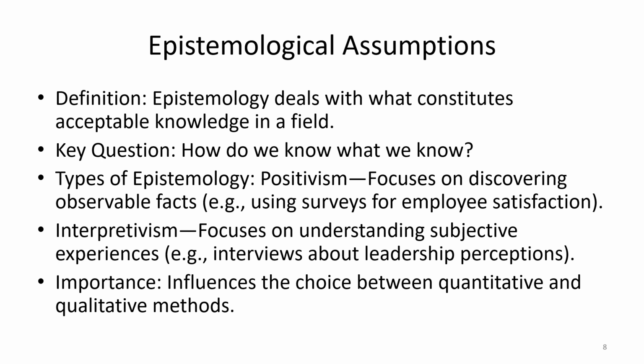For example, as we know, the business and management field is multidisciplinary, so knowledge can range from numerical data to textual data to visual data. We can have facts that can be in the form of narratives, stories. So all can be considered legitimate knowledge. Now different business and management researchers adopt different epistemological assumptions in their research.